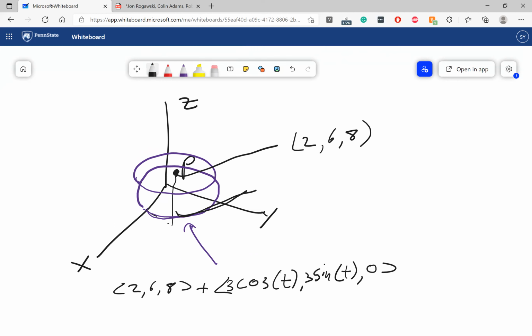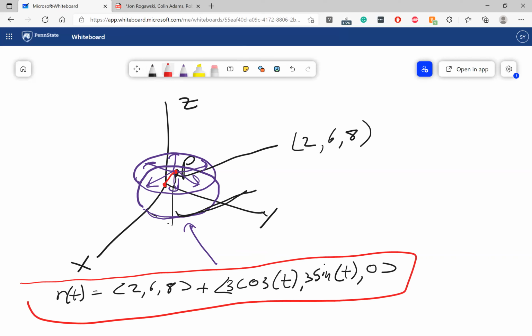So what does this do? It says, okay, take a vector from here to this point P, 2, 6, 8, that's your first vector, and then add to it the vectors that form this circle. Okay, and this is your R of T. So that solves the first problem.